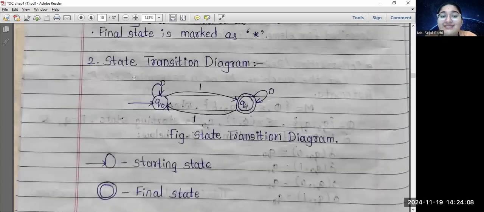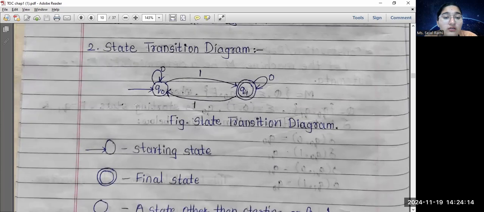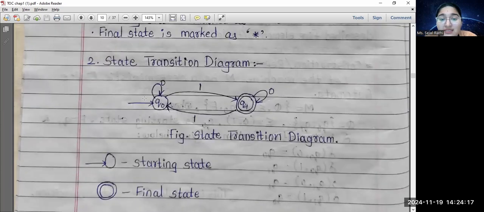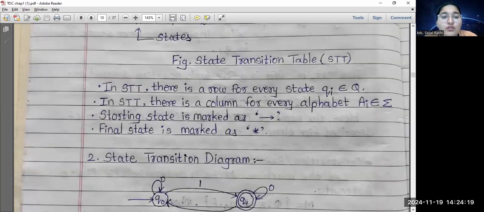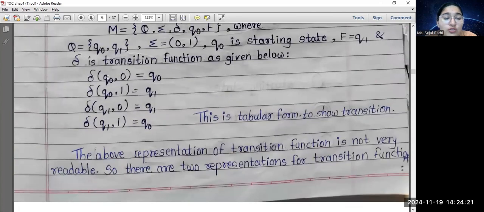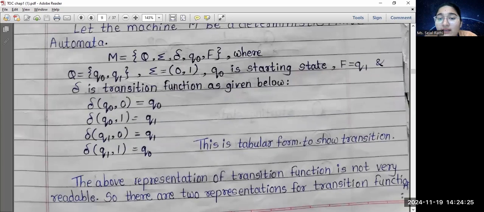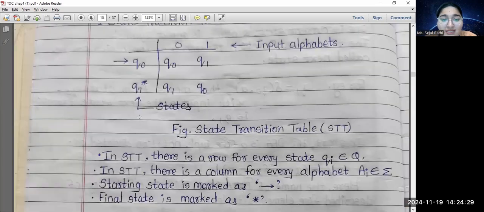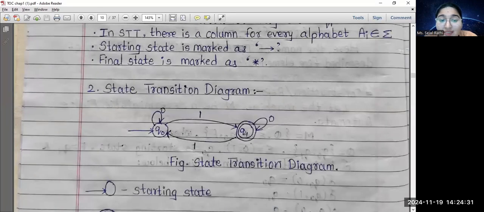The second one is the state transition diagram. In the state transition diagram, Q0 is the starting state, already given. How do we represent the starting state?